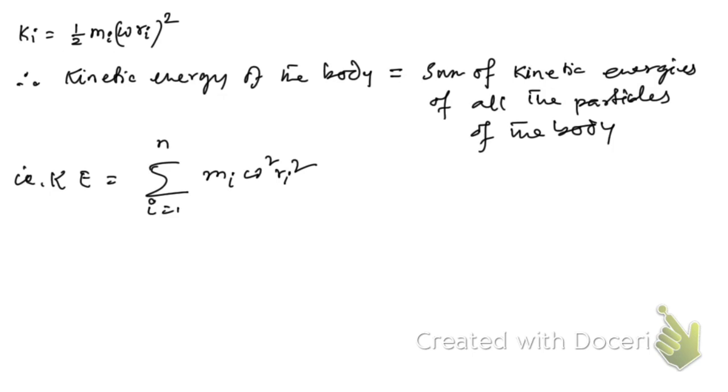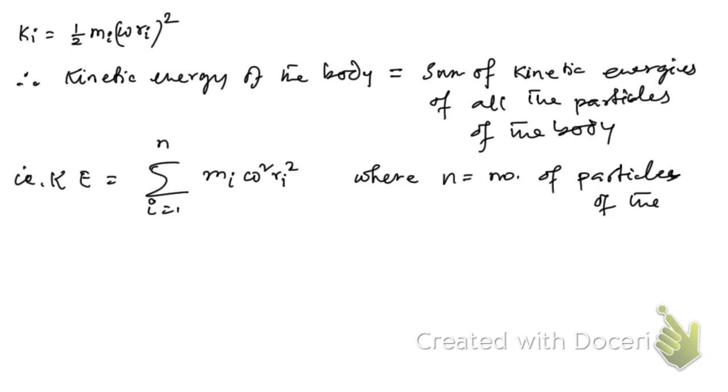So the kinetic energy of n particles will be given by this expression, where n is the number of particles of the body, right? So hope you have understood this.